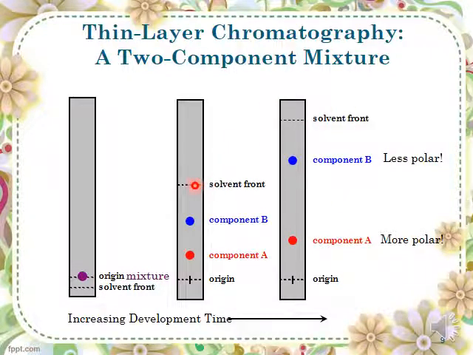Depending on whether you stop here or here, the RF value between the two will be the same. Based on this, we know that component B is less polar because it is moved more quickly by the mobile phase compared to component A. That means component A is more polar, more retained by the stationary phase itself.